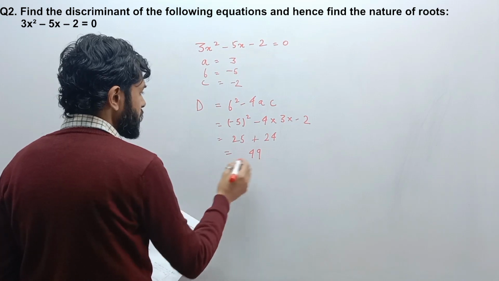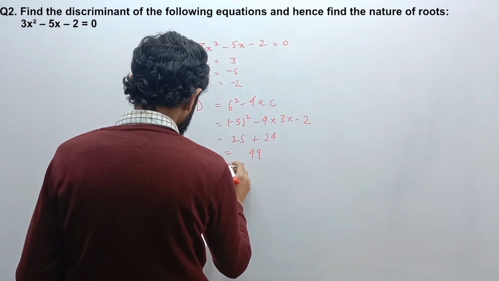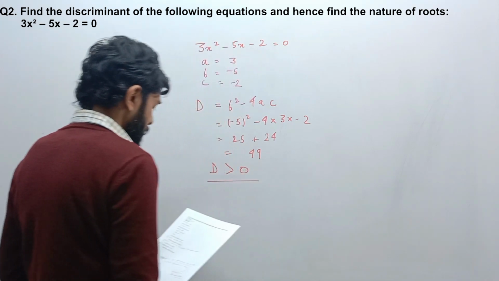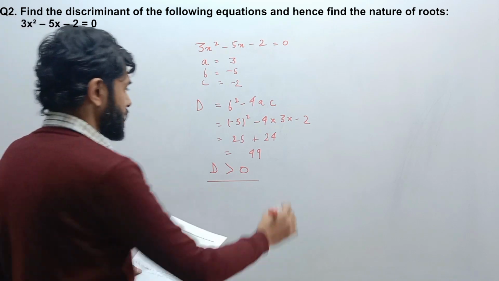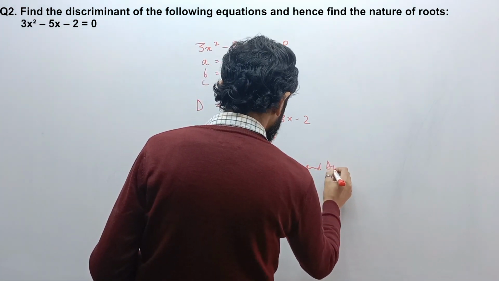So now d is 49. So d is greater than 0, which means that your roots are real and distinct.